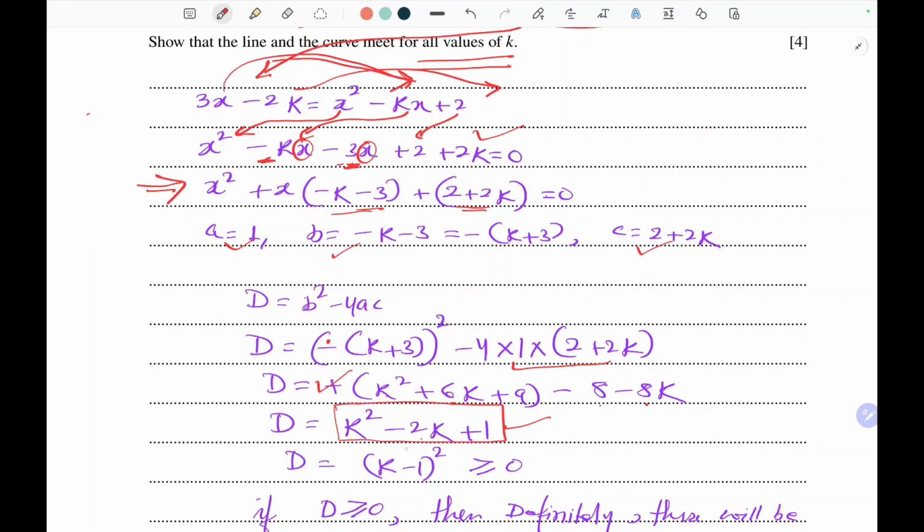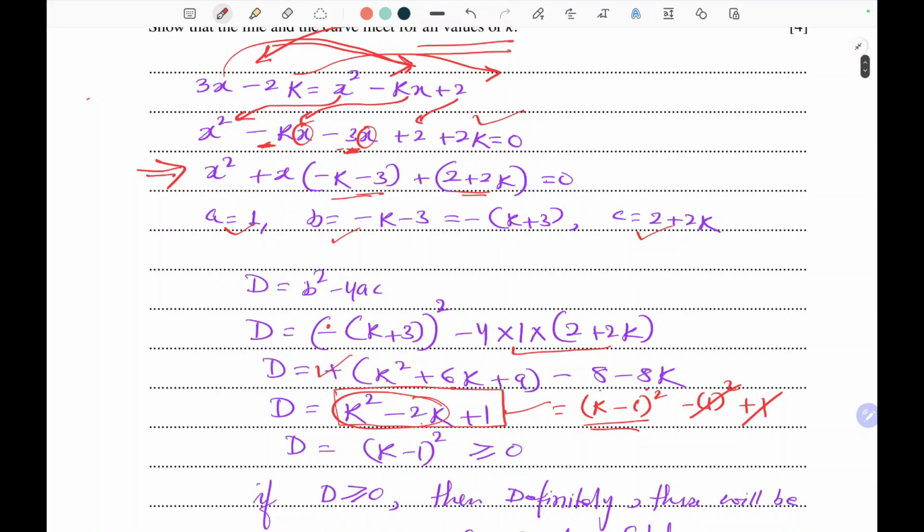This is actually k minus 1 whole squared. If you complete the square, combining k squared minus 2k, you write k minus half of the coefficient 2, which is 1, so k minus 1 whole squared, then minus 1 squared, and then plus 1 here. So minus 1 plus 1 cancel, and you get k minus 1 whole squared. So d is k minus 1 whole squared.